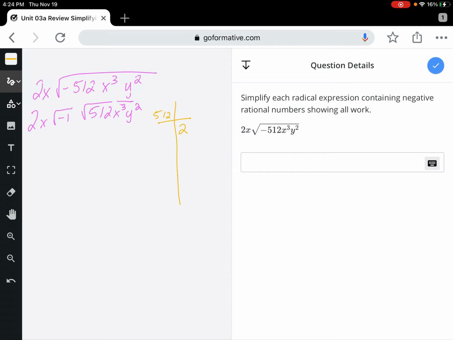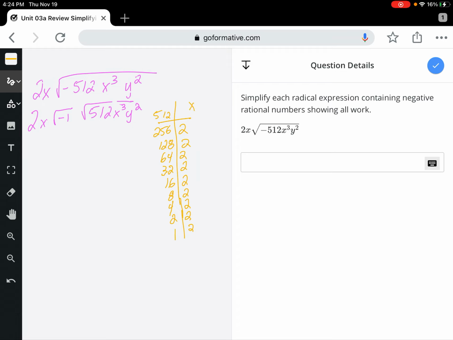So I have 512 divided by 2 is 256. Divided by 2 is 128. Divided by 2 is 64. Divided by 2 is 32. Divided by 2 is 16. Divided by 2 is 8. Divided by 2 is 4. Divided by 2 is 2. Divided by 2 is 1.